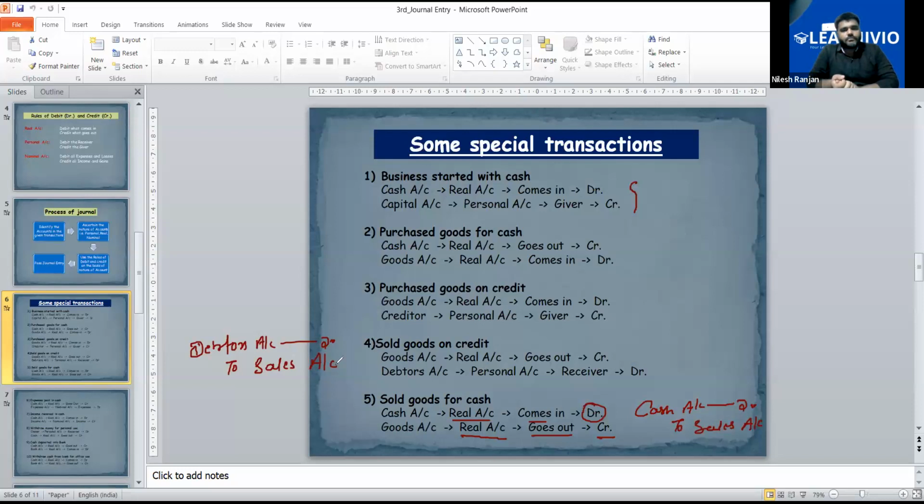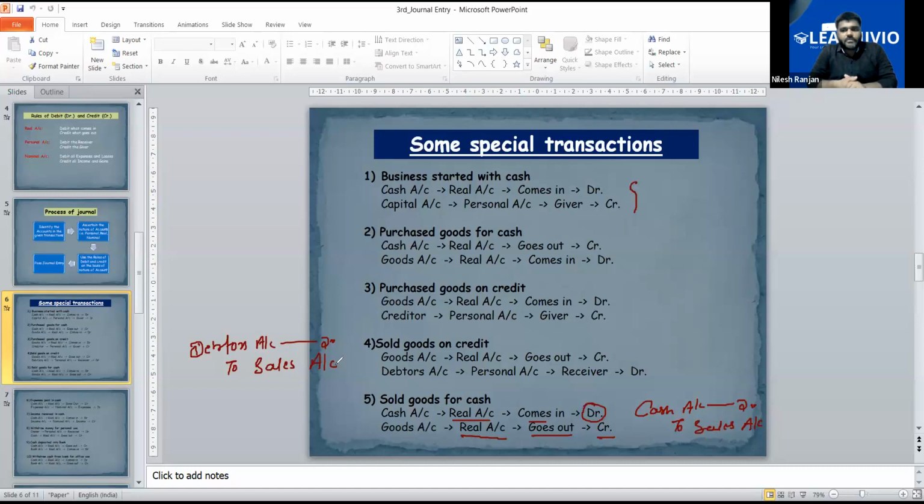In a cash transaction, if we sold goods for cash, in that case also, that person to whom we are selling goods is the receiver of goods. Yes or no? So we should write his name also in cash transaction.